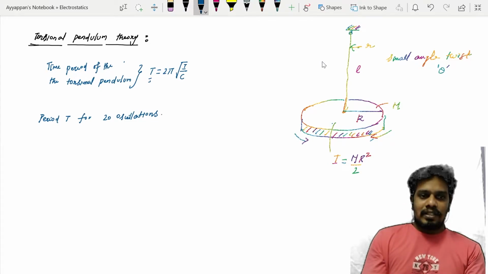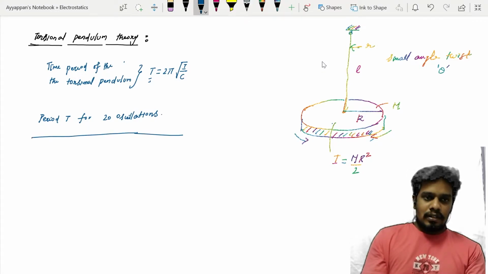You can plot the setup here, then tabulate the values.